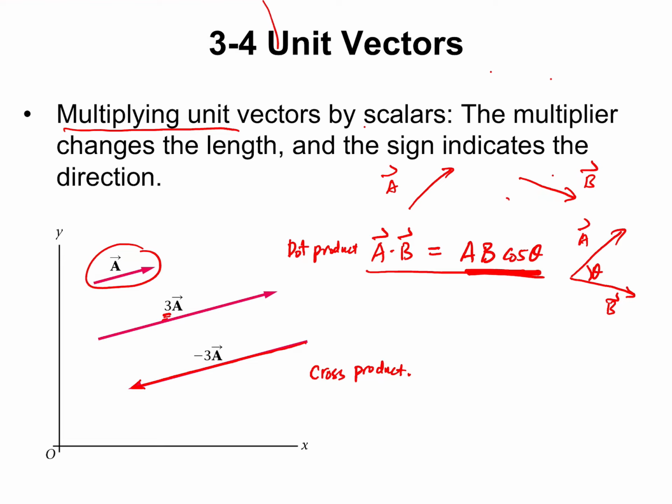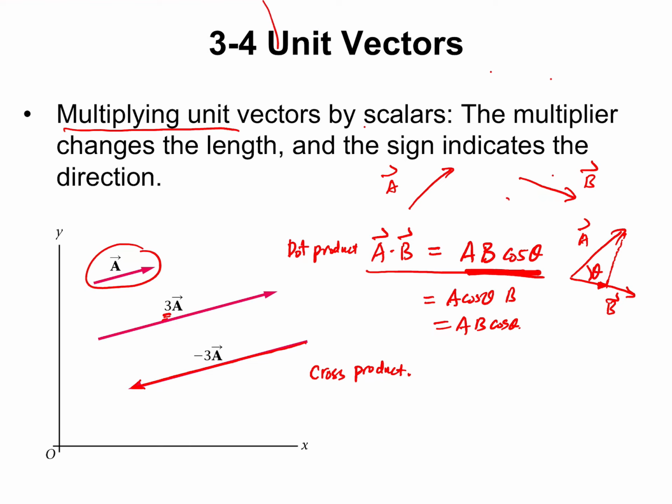The meaning here, what is AB cosine theta? This can be described as A cosine theta times B, or equal to A times B cosine theta. Okay, so those two vectors have an angle between them, right? So A cosine theta is this guy, right? And then this vector, so basically you project A to the direction of B, and then multiply them together.